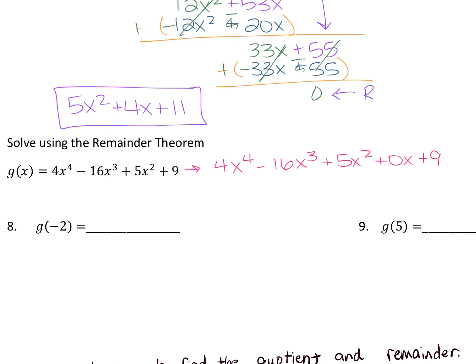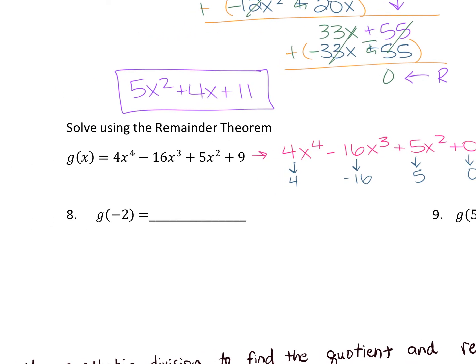So when you pull out your coefficients and your constant for your synthetic division, you're going to have 4, negative 16, 5, 0, and 9. So if you set up your synthetic division for 8, you have g of negative 2, so that negative 2 is going to go on the outside.